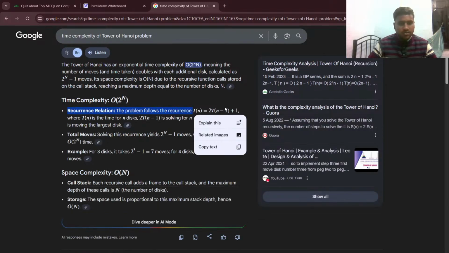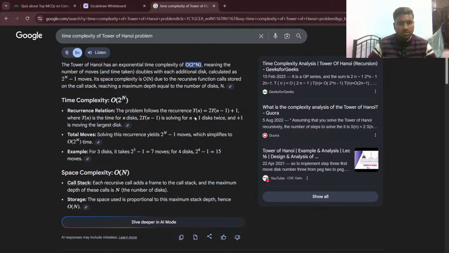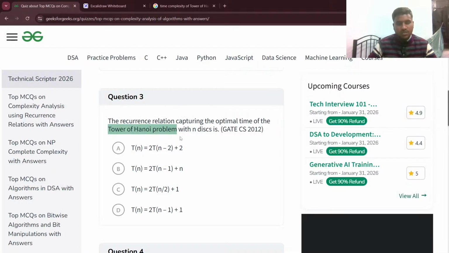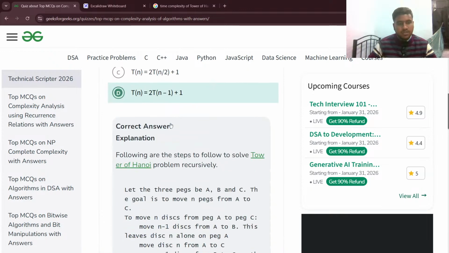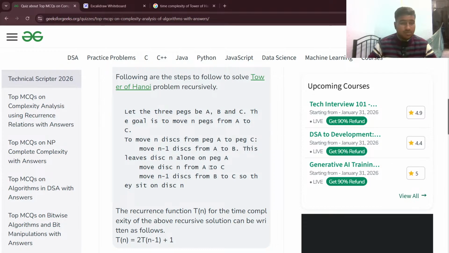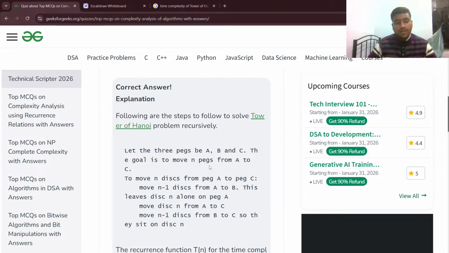The recurrence relation would be 2 into n minus 1 plus 1. Yes, that is correct. Let's see how this is explained and what we can learn from this explanation.